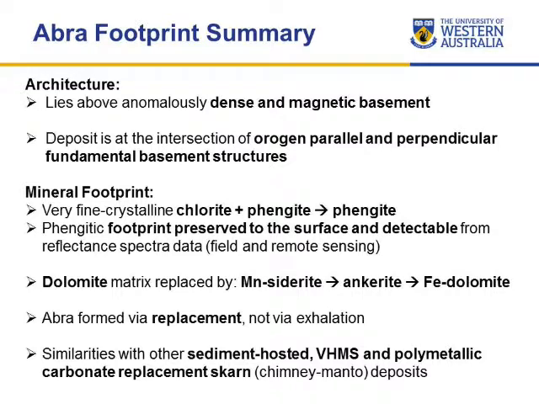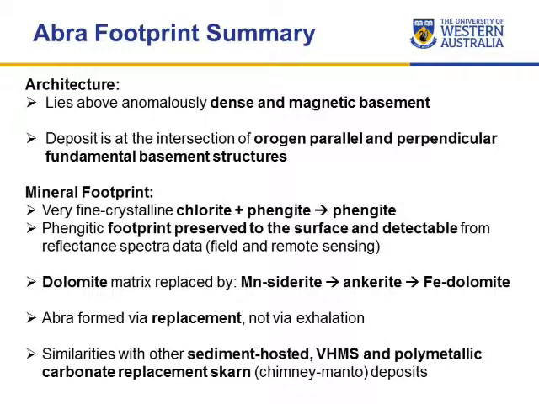and the carbonate replacement implies that it's a replacement deposit, not an exhalative. I don't know if you remember, but they briefly mentioned that sediment-hosted base metal deposits don't usually have chlorite white mica alteration.